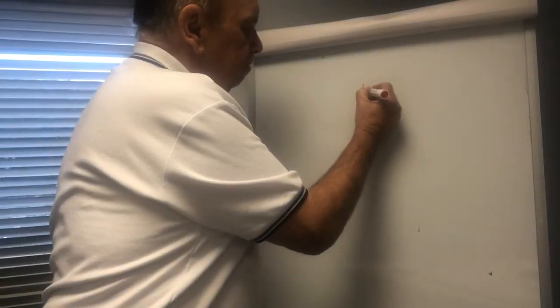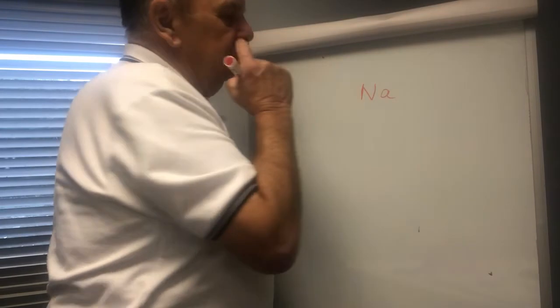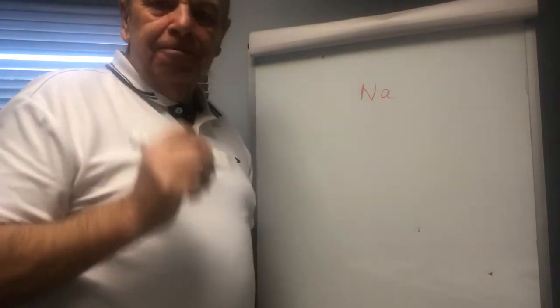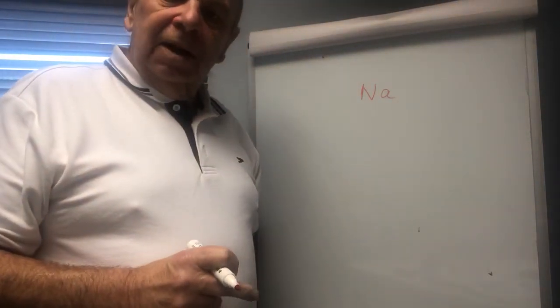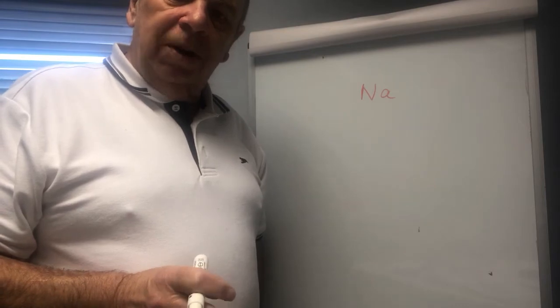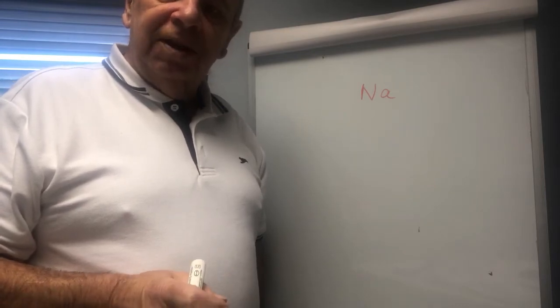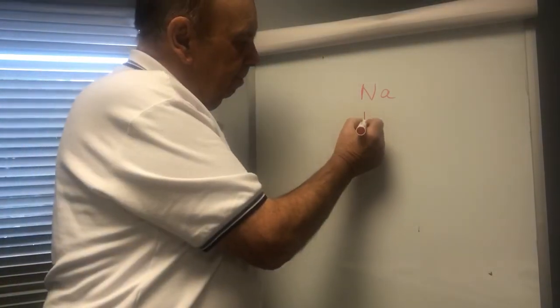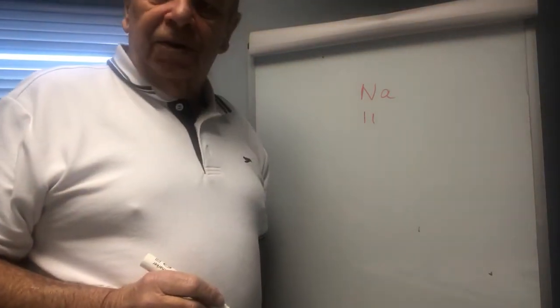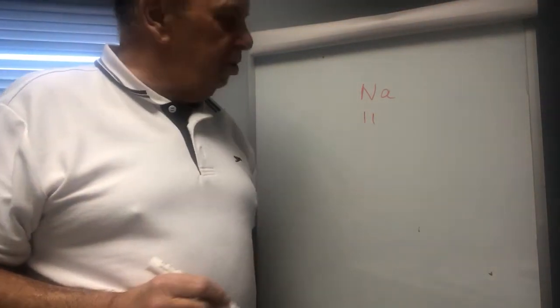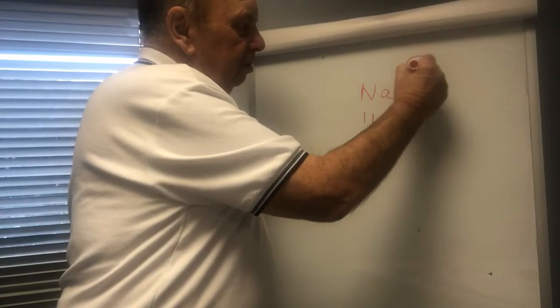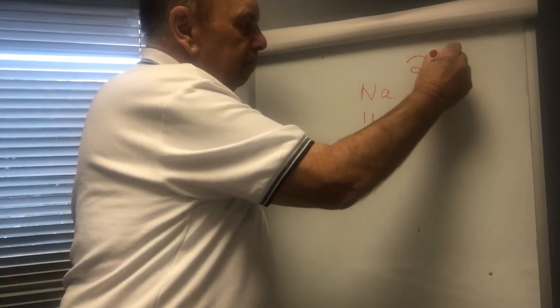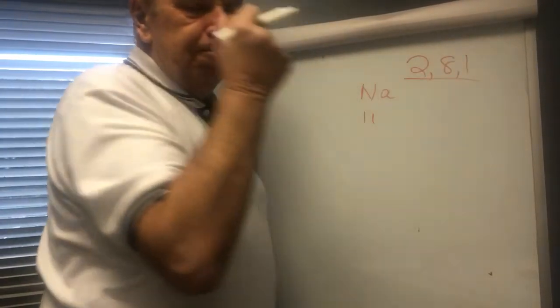Let's look at sodium, symbol Na. It's got an atomic number of 11. So therefore its electronic configuration would be 2, 8, 1.